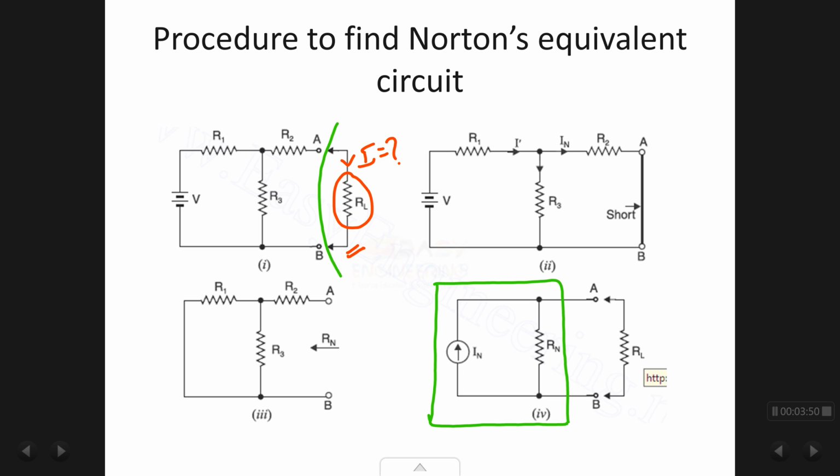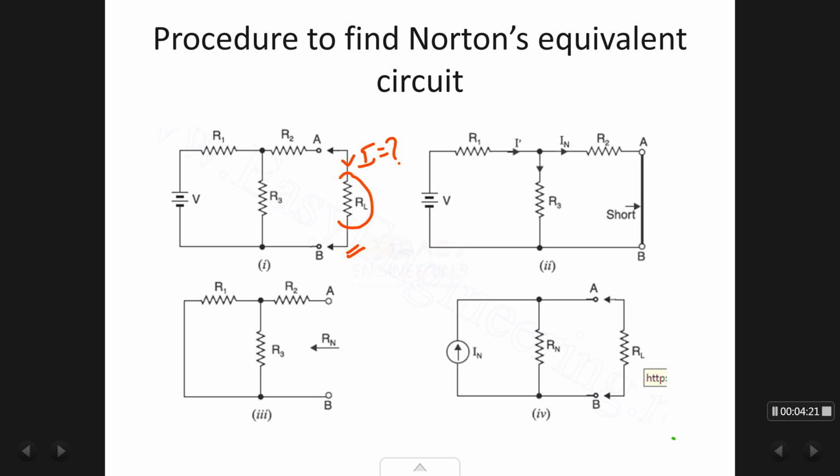So this entire network has to be redrawn into this form, a current source and a resistance in parallel. This is my original network, this is my Norton's equivalent circuit. How do I go about reducing this network to this network?